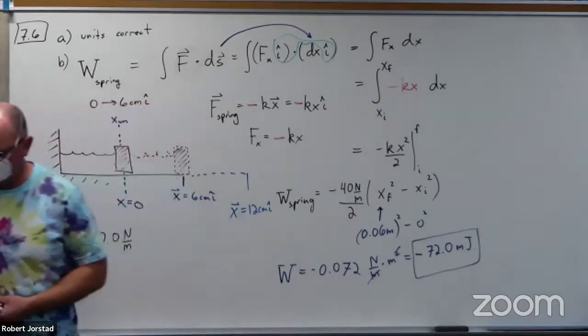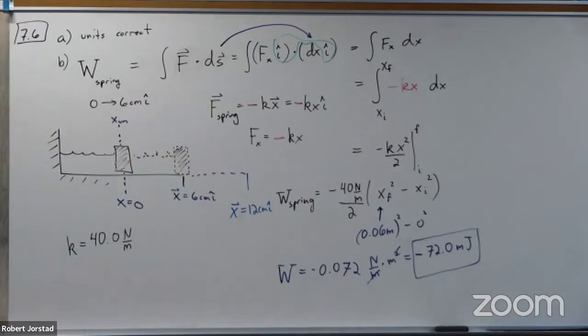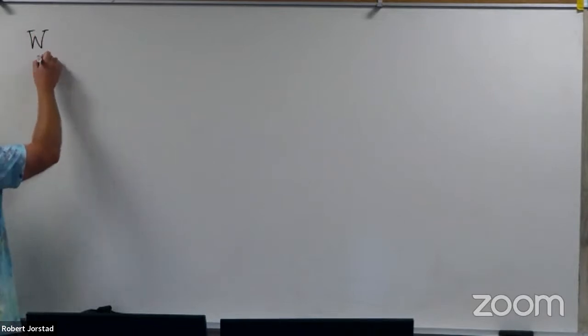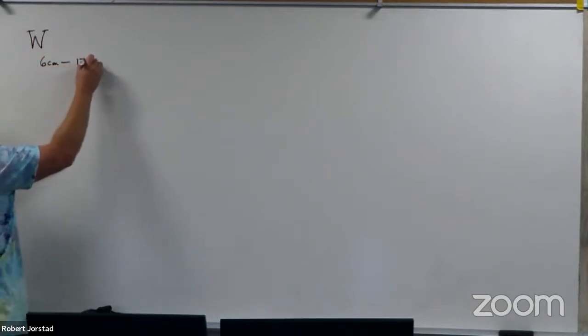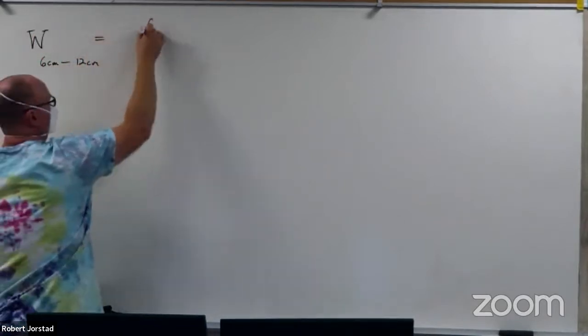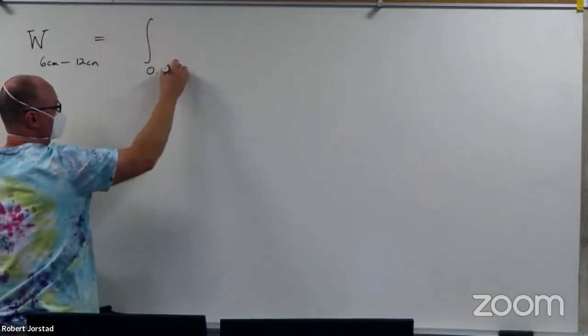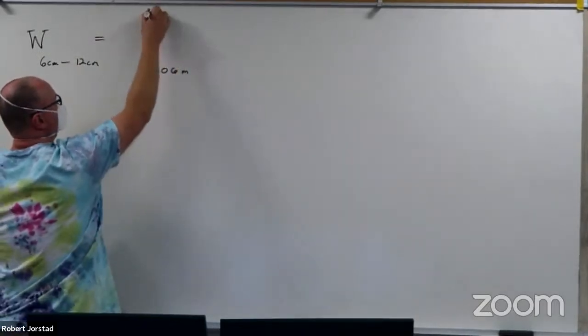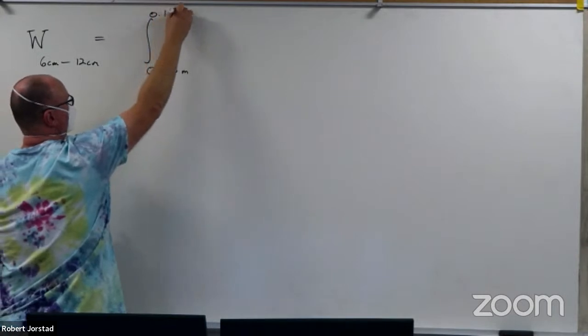All right, let's take a look at it. If you wanted to know the answer and you didn't want to think, what could we do? Plug in the numbers and just change the limits on the integral, right? If we do the work from 6 centimeters to 12 centimeters, the limits are 0.06 meters to 0.12 meters.